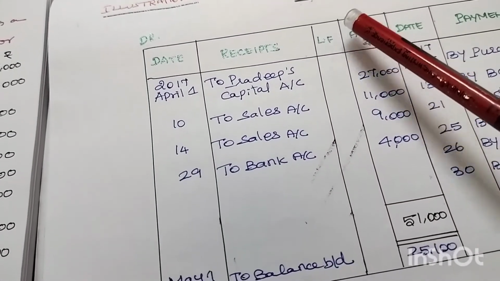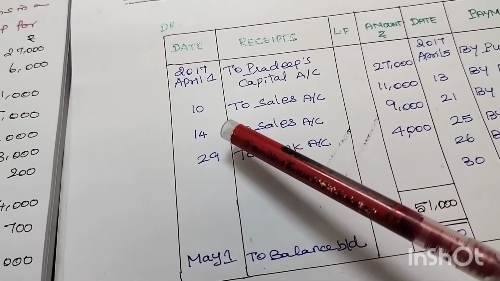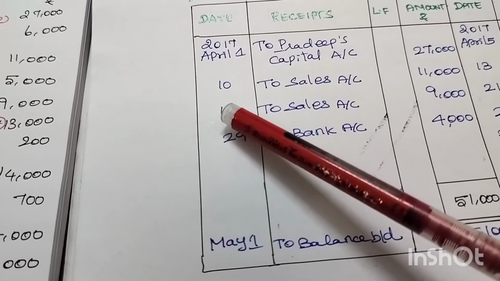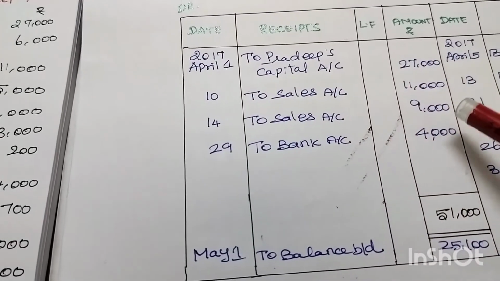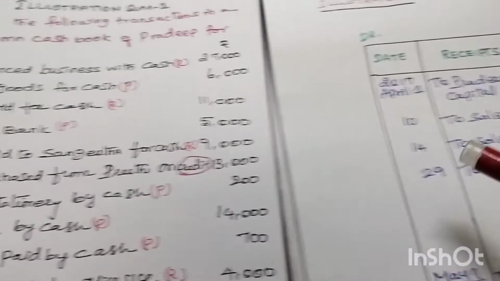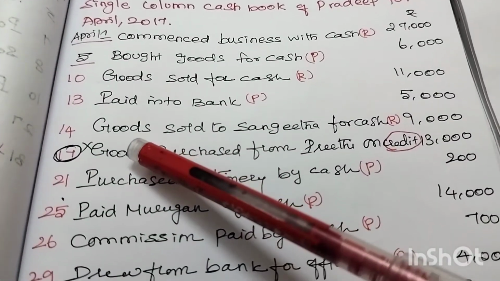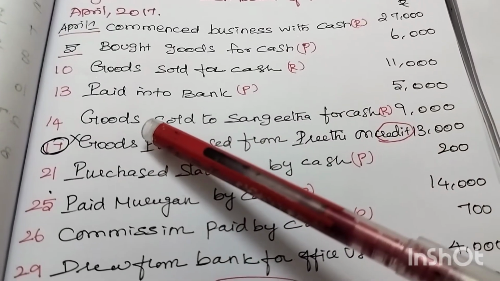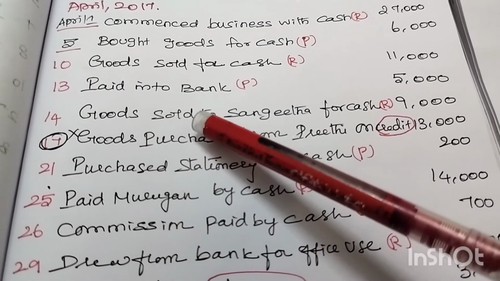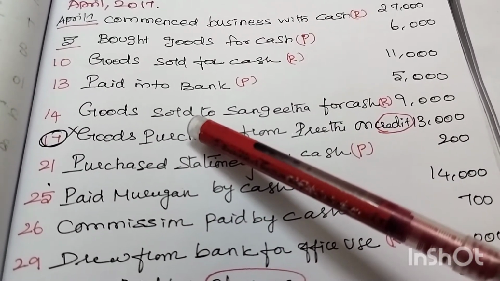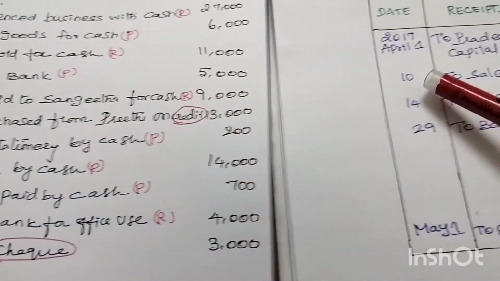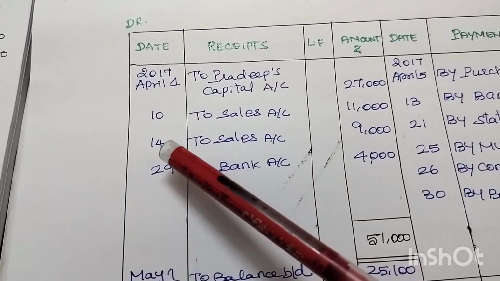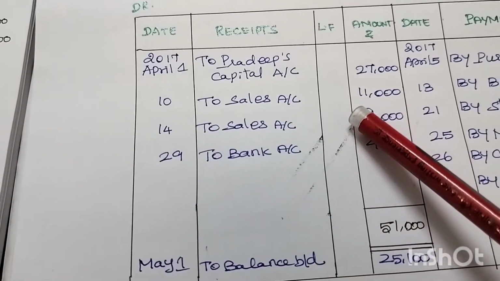The opposite account from the cash account is sales account. So on the 14th, To sales account, 9,000 rupees. In another way, when you generate sales you receive income, so you go to the receipt side: 14th, To sales account, 9,000 rupees.